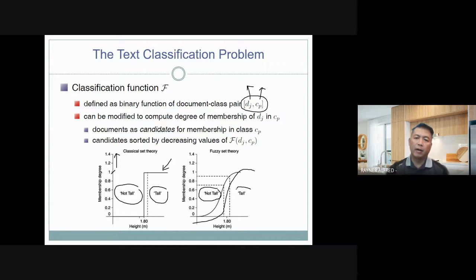If the degree of membership is greater than 0.9, they belong to tall. So this is another area that has been researched: how do we perform the classification based on degree of membership?